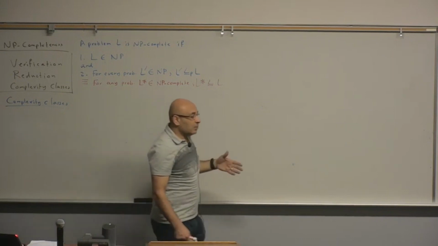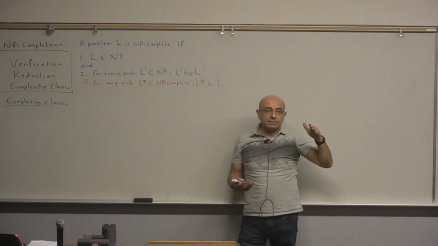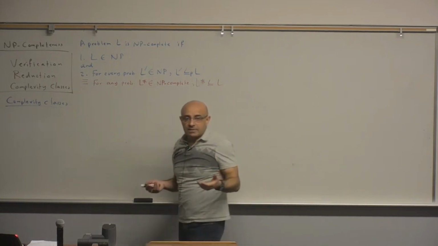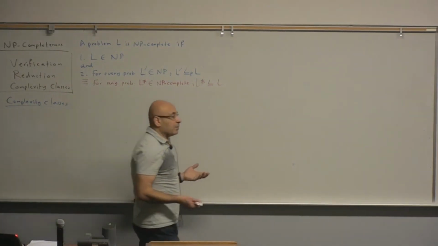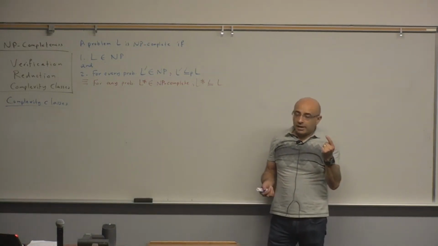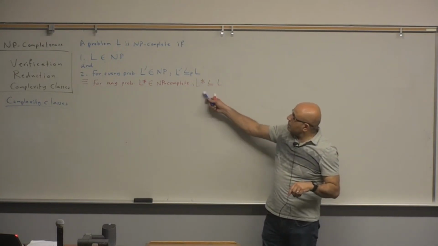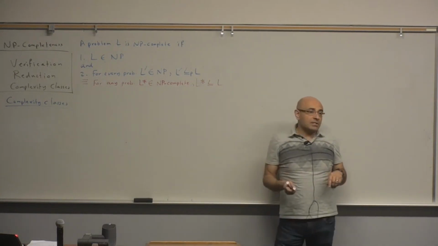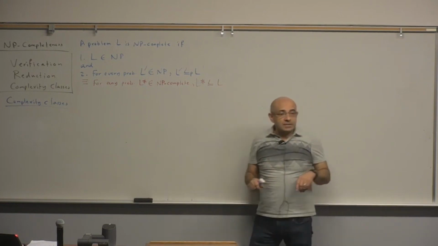And when you have multiple problems that are known to be NP-complete, you have more options. Right. And among these options, you only need to pick one of them. And if you can show that it's less than or equal to this problem in question in difficulty, then you have proven that L is NP-complete.